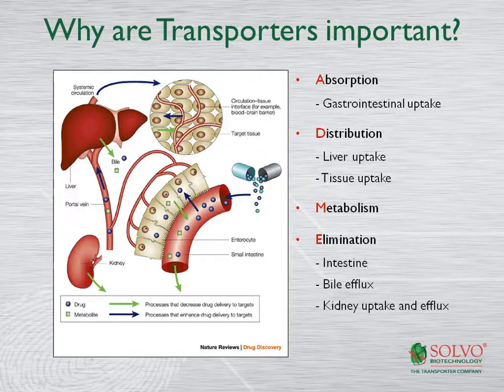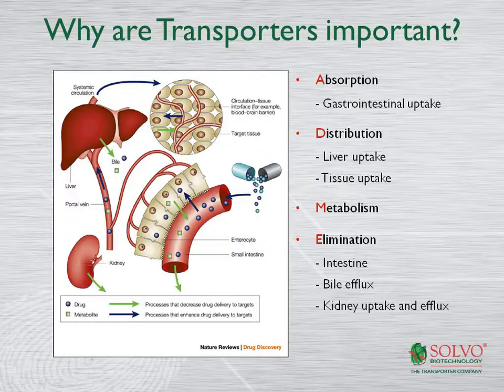Then the part of the drug which is available in the blood will come to the tissue which you want to treat. It will maybe be metabolized in the liver, maybe secreted into the bile, and that means it will go back into the gut, or it will be excreted in the renal system.